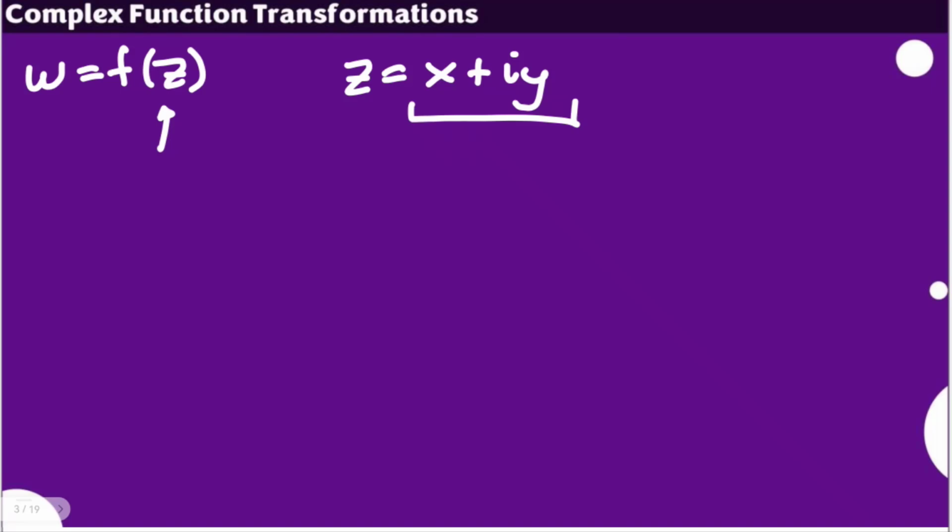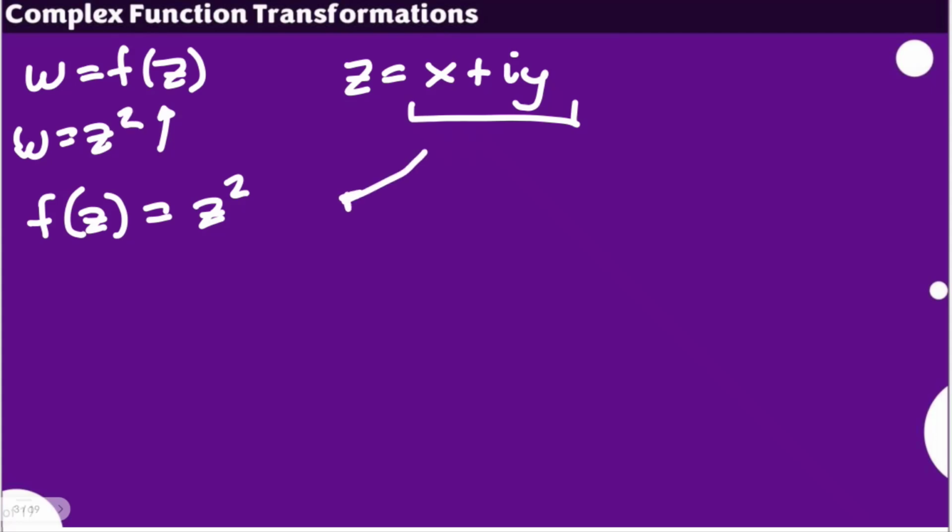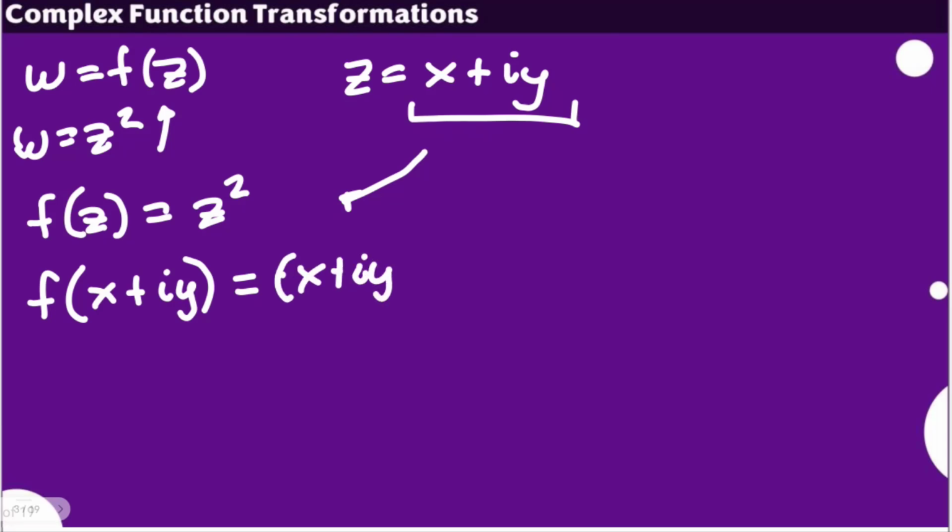Say, for example, if our f of z is actually z squared, that again w is equal to f of z, that means w equals z squared. If we're going to plug in x plus iy in terms of z, our function will become x plus iy squared.